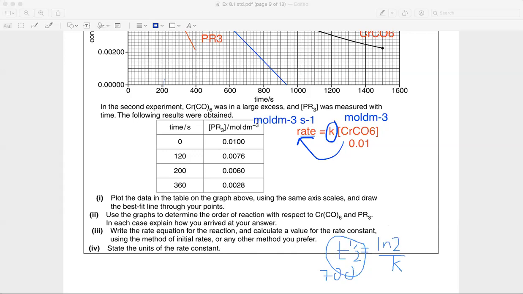What is your answer? It should be around 9 times 10 to the power of minus 4. Okay. Don't forget your units. What are your units?